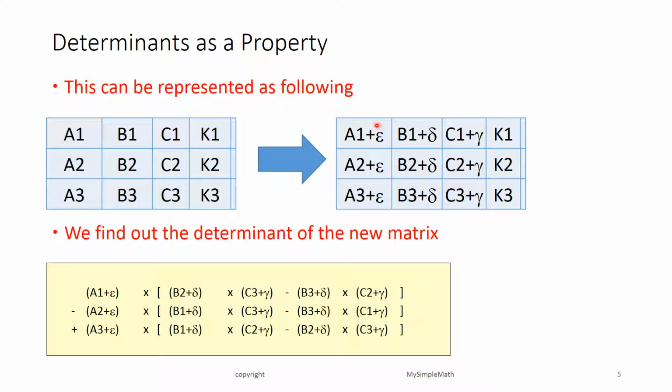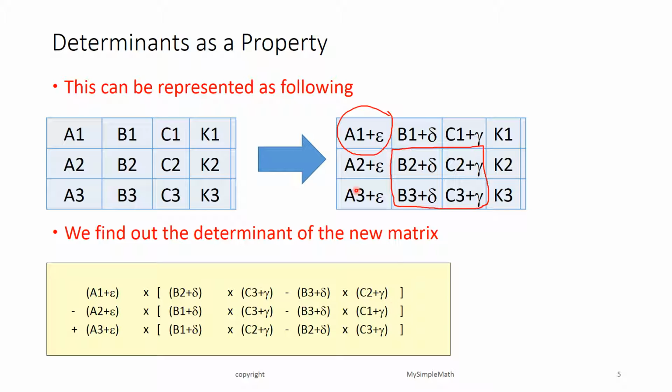Here we do A1 plus epsilon multiplied by the minor, which is right here. So A1 plus epsilon multiplied by this minor, and this minor goes as B2 plus delta into C3 plus gamma minus B3 plus delta into C2 plus gamma, written right here.